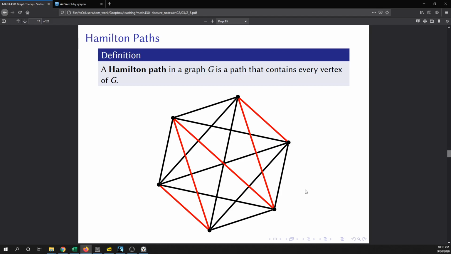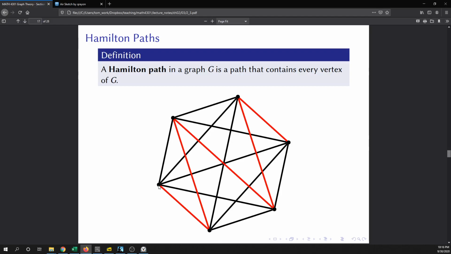So if you look at this Hamilton path, it is the longest path in the graph, because if you have a path that goes through every vertex, then if you try to make it longer, you're not going to be able to do that.